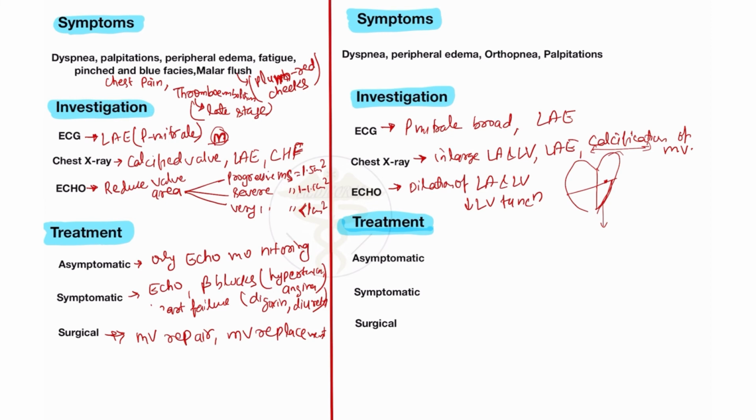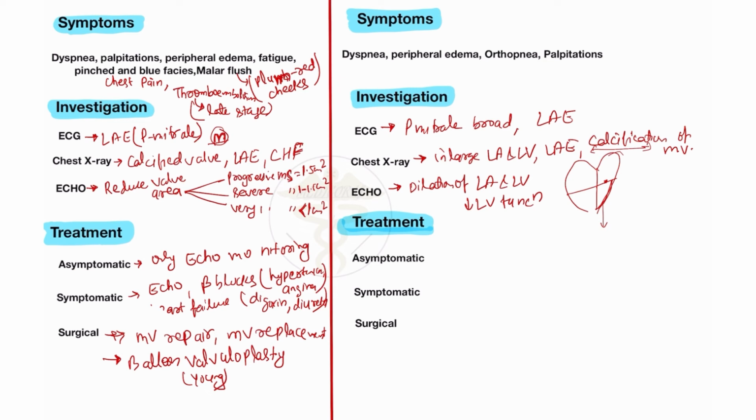And also when the patient is very young, then we will also do balloon valvotomy, the same as in aortic stenosis, balloon valvuloplasty, when the patient is a young patient.